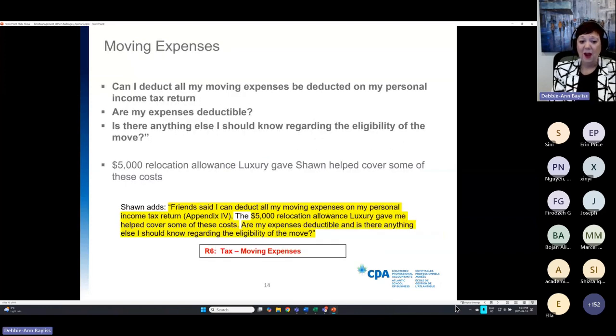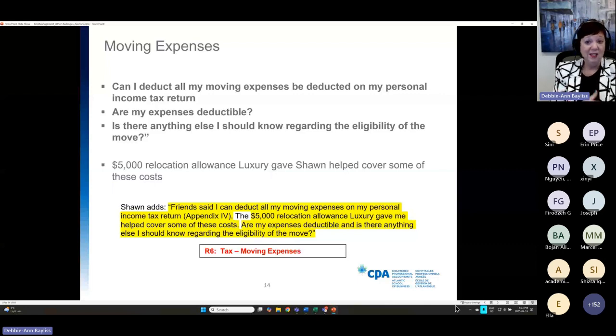The next paragraph is Sean. Sean says, friends say I can deduct all my moving expenses on my personal income tax return. So moving expenses is my title. He has Luxury gave him 5,000 for renovation allowance, so I'm going to put that in. He's got some questions. Can I deduct all my moving expenses? The next question is, are my expenses deductible?